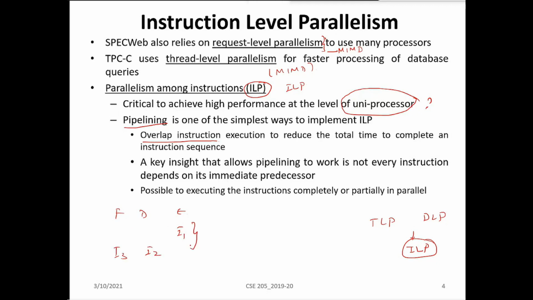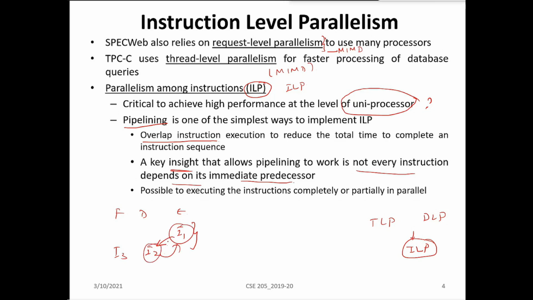But when they designed the pipeline, the insight they took is that not every instruction depends on its immediate predecessor. Suppose instruction 1 depends on instruction 2: until instruction 2 executes, instruction 1 can't be executed.